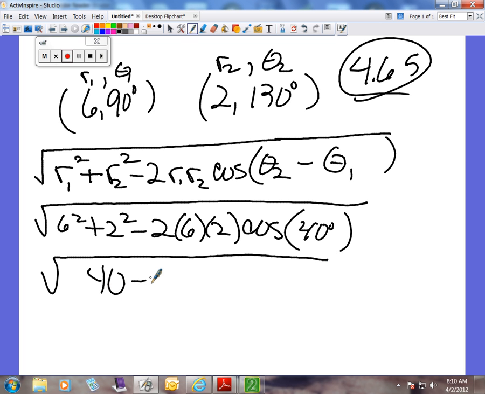Isn't this a 24? Yeah. Here's where I can stop and run it straight through without an error in my calculator. Now here's where people make a mistake. You cannot take 40 minus 24 times cosine of 40. No. Can anybody tell me the reason you can't?